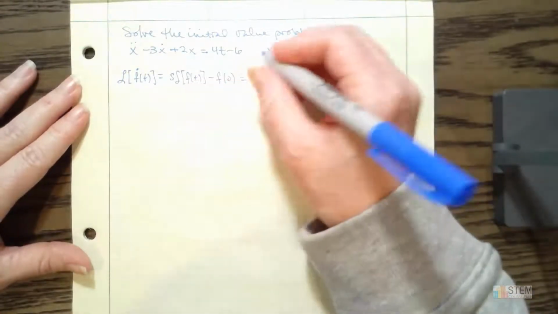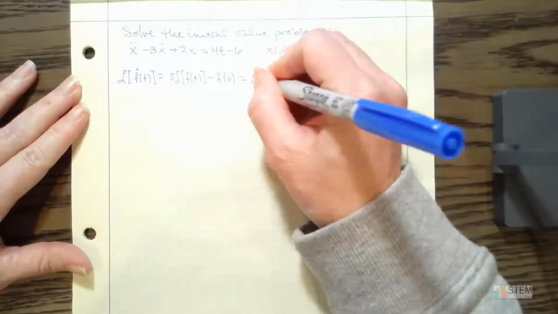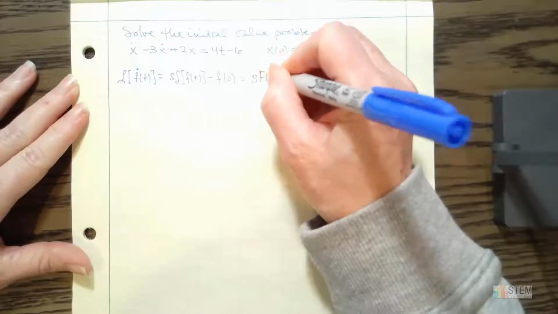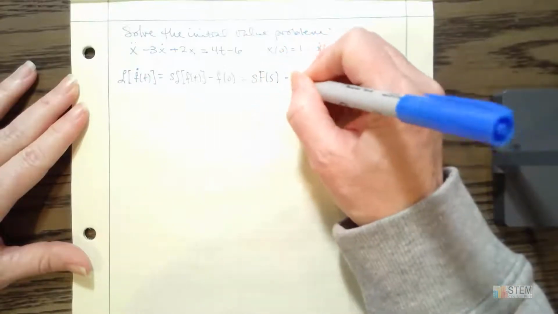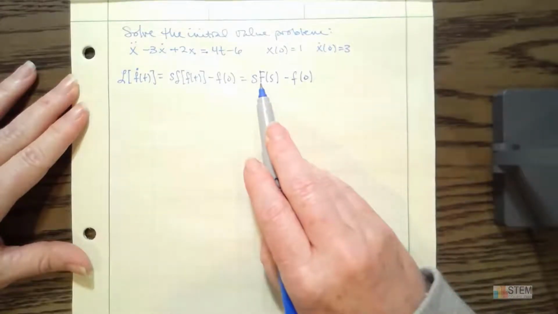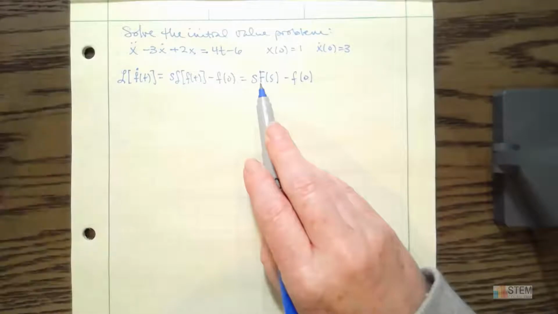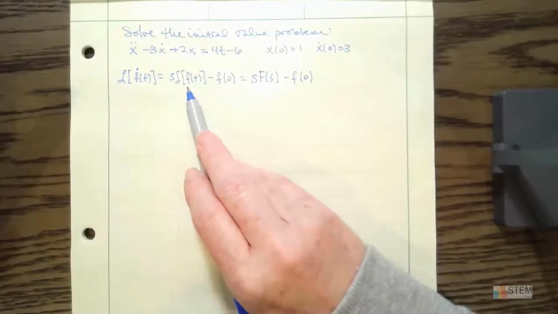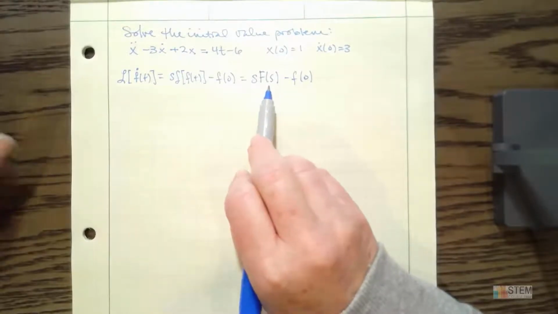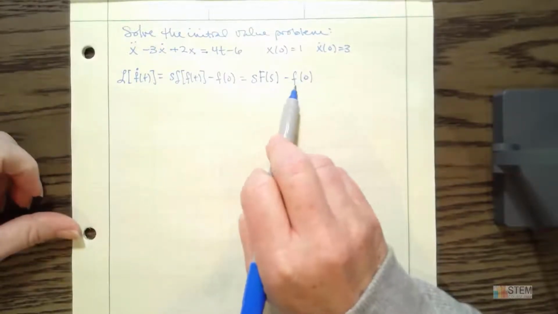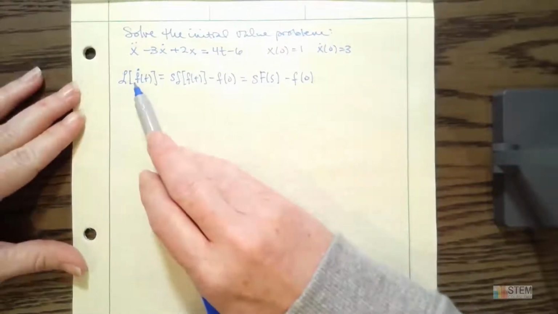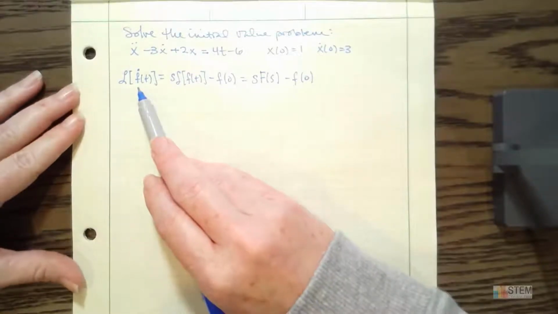We can write this in the simplified notation, and instead of putting the little Laplace operator, we can put s times capital F of s, and then minus f at t equals 0. Anytime we see this capital letter, that means we've taken the Laplace transform of the function. Here we took the Laplace transform of f of t, that gave us capital F of s. This one here didn't change because we're just taking our function f of t and plugging in t equals 0. So that's what we get when we're taking the Laplace transform of the first derivative of f.